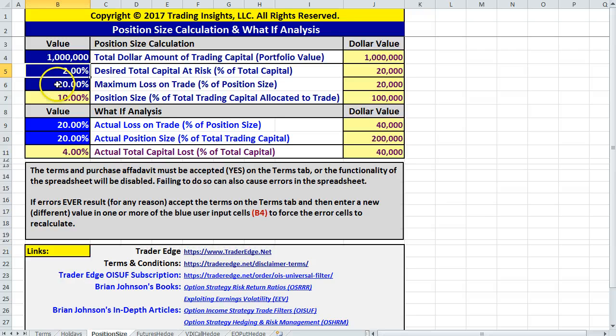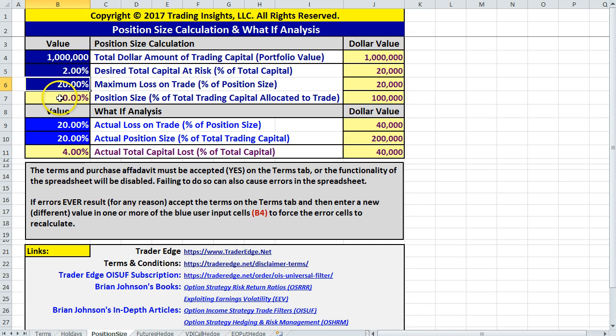Now, the cell immediately below that, B6, is listed at 20%. What that says is that we are going to exit our trade position once we've incurred a maximum loss of 20%. If we do incur a maximum loss of 20%, and we want to maintain our desired total capital at risk of 2%, the question is what position size can we accommodate?